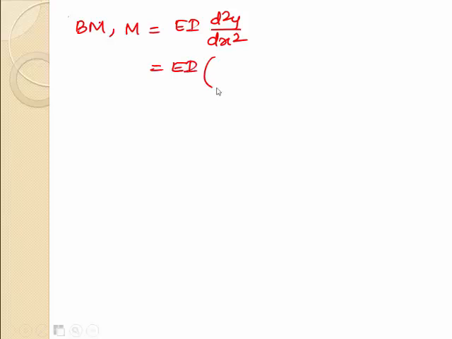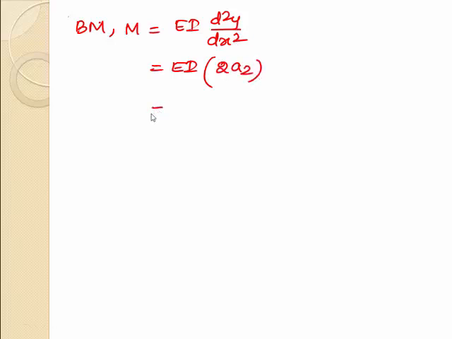So next, bending moment. We know the expression for bending moment, M is equal to EI d square y by dx square. So already for the assumed trial function we have calculated the value of d square y by dx square as 2a2.